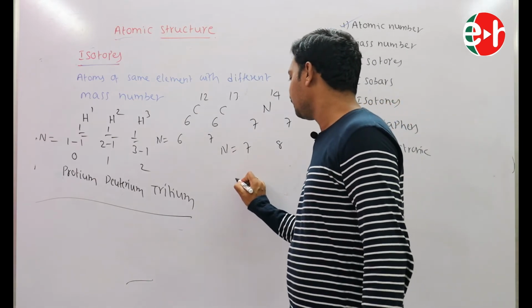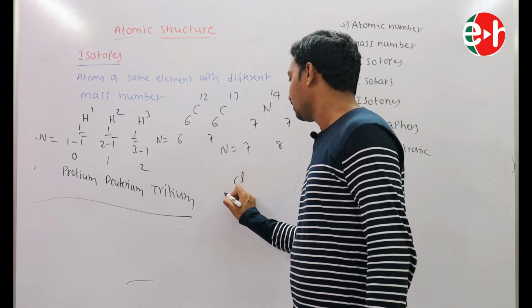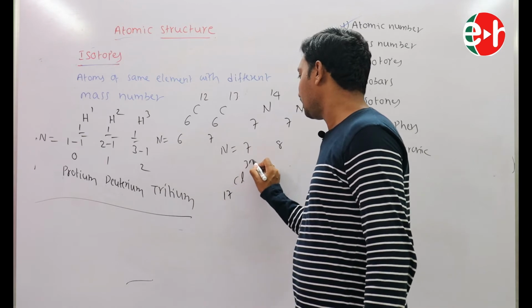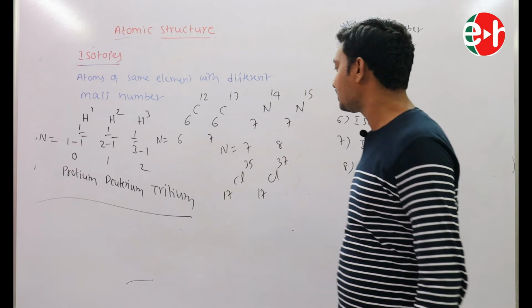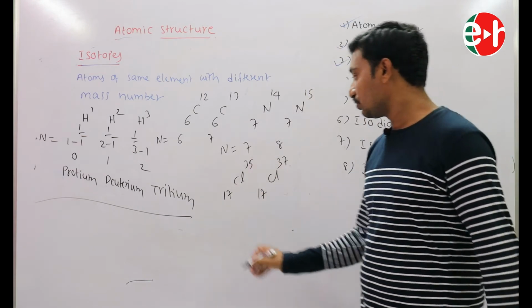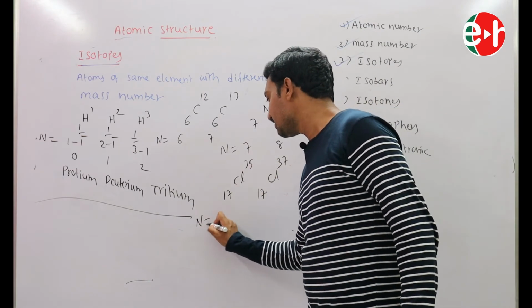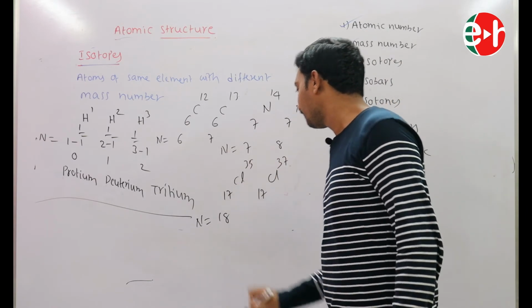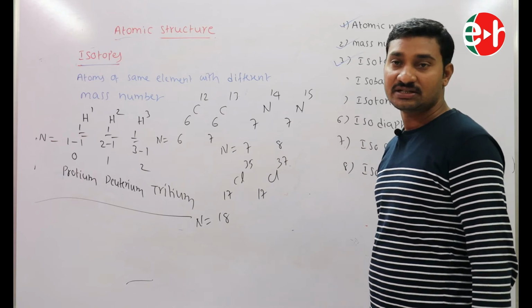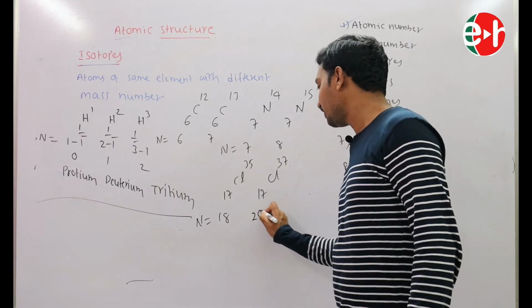Chlorine isotopes: chlorine 17Cl35, chlorine 17Cl37. Here the number of neutrons N is 35 minus 17, which is 18, and 37 minus 17, which is 20.